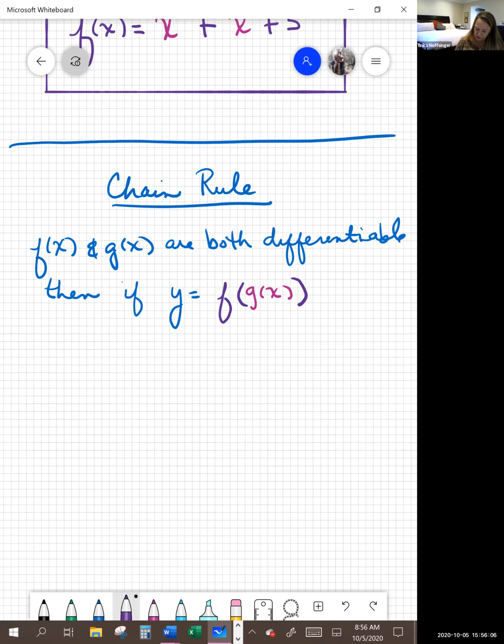Then the derivative of y, so y prime, is equal to the derivative of the outer function. So we're going to look at f prime, but after we take that derivative of the outer function, we're going to replace x with g of x. And then we're going to multiply this all times the derivative of the inner function, g prime of x.